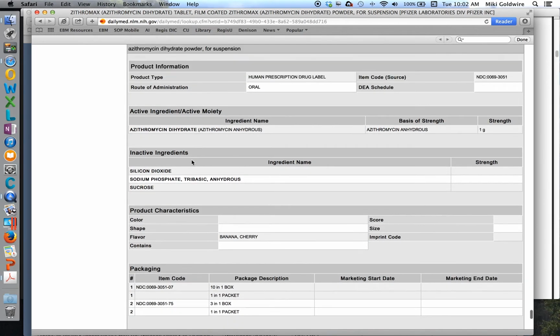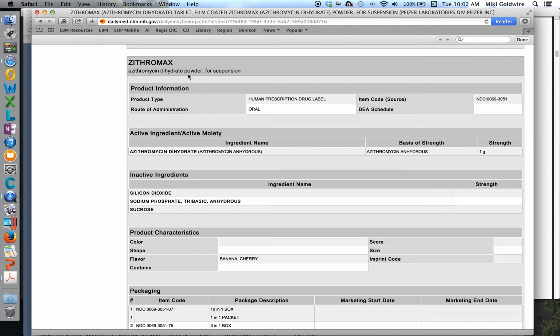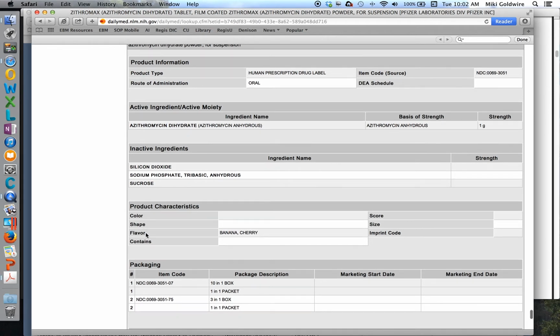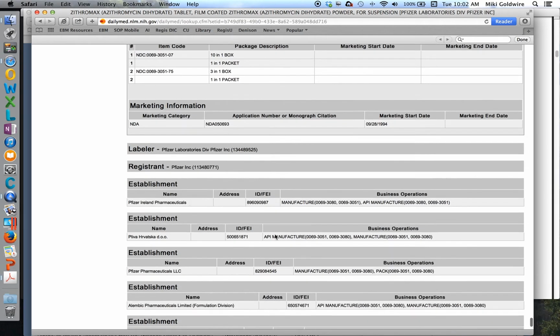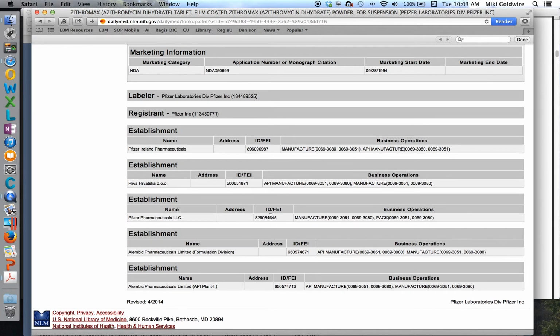It says the inactive ingredient for the powder for suspension is sucrose, so you may get a question about that. You have flavoring here, banana, cherry. And again, I usually go to PIs sometimes when I want to find excipients.